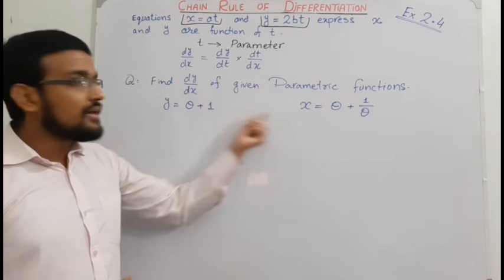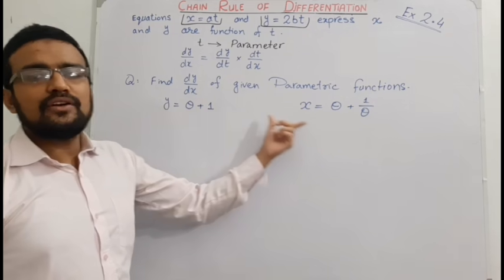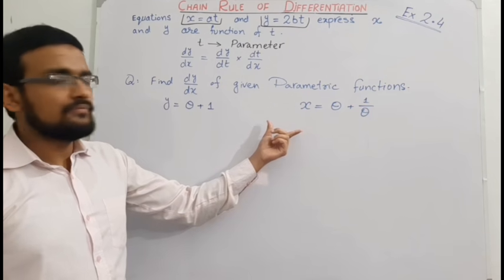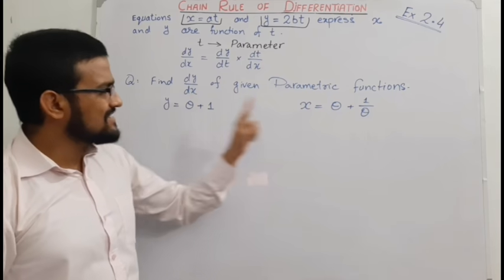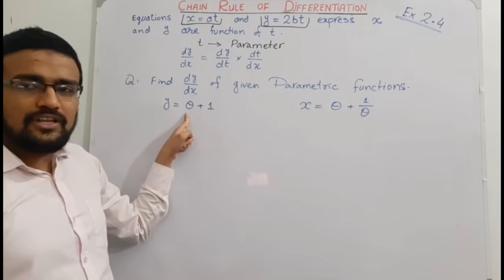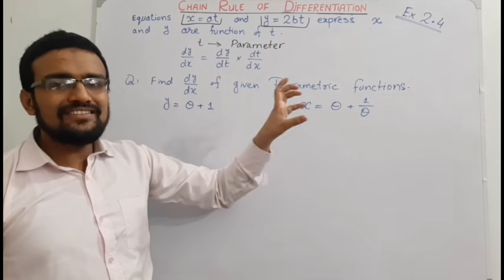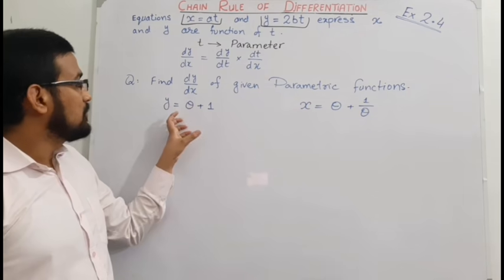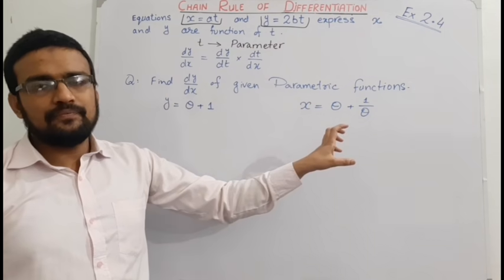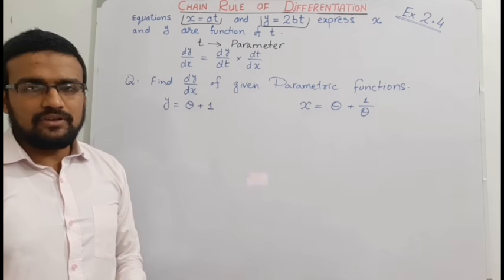Here students, x and y both are dependent variables which depend on the same variable theta. Okay, it means theta is a parameter which makes these equations parametric equations.